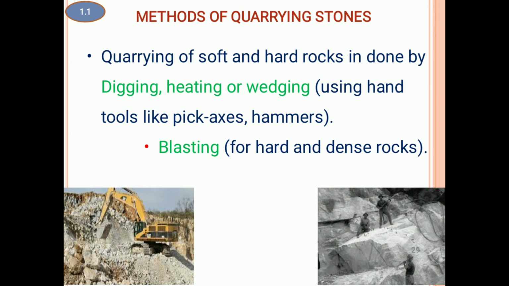It's a very dense and hard material, so you cannot chip it off from the parent rock. You cannot cut it easily by natural means. Hence, you have to apply great pressure or force by using blasting techniques to break the rocks into stones.